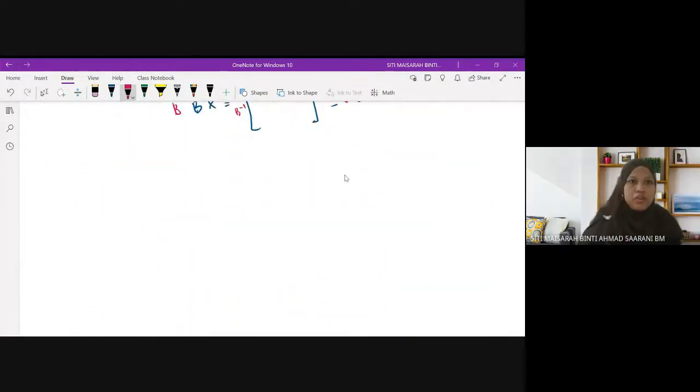Okay. For question 16, dia suruh show that f(A) equals to A square minus 5A plus I equals to 0. Kita nak show A square minus 5A plus I equals to 0.